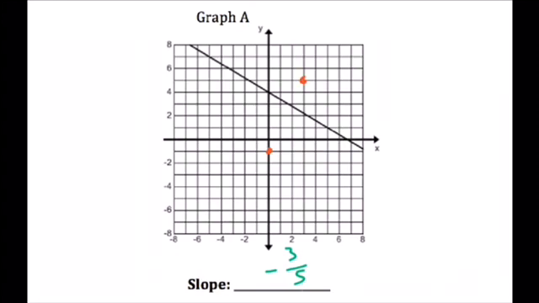Or we can go down 5 and left 3. And when you draw that line, you can see how it forms a right angle right there. So they cross right there at a 90-degree angle. And if the graph went far enough, you would see how it goes to the point 9, 14 as well.